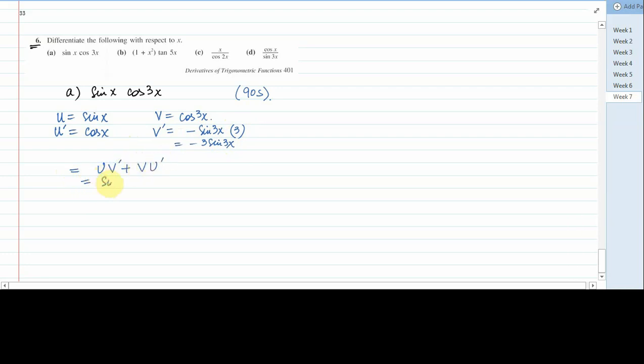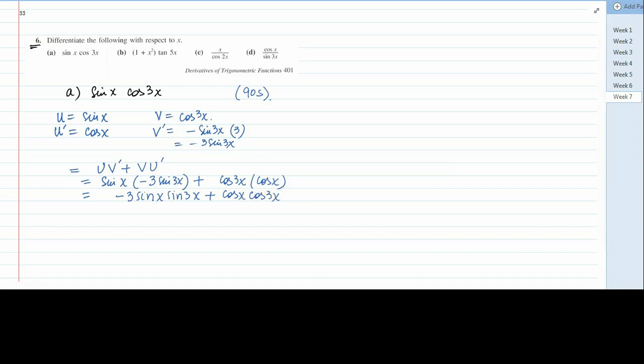So u is sine x, v derivative is minus 3 sine 3x, plus v is cos 3x, and u dash is cos x. So you can multiply these, and that will be minus 3 sine x sine 3x plus cos x cos 3x. So that is your final answer.